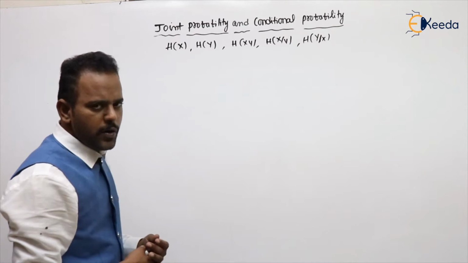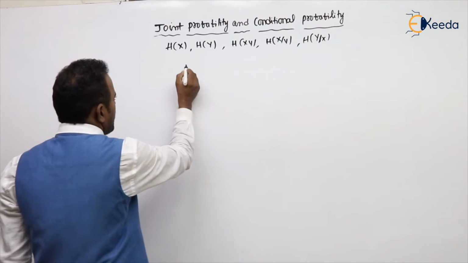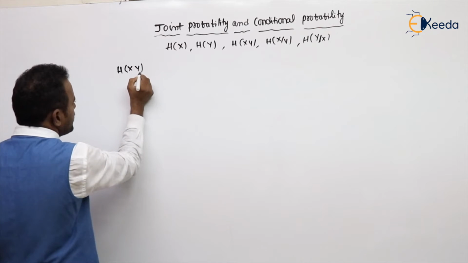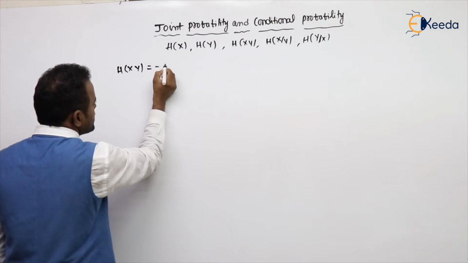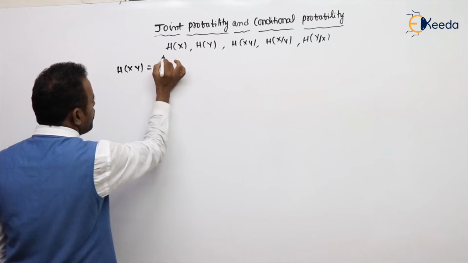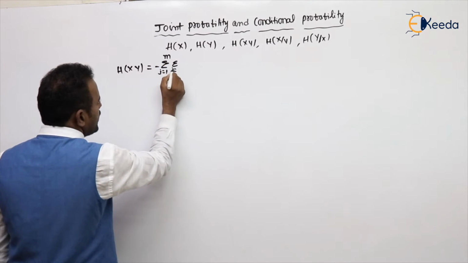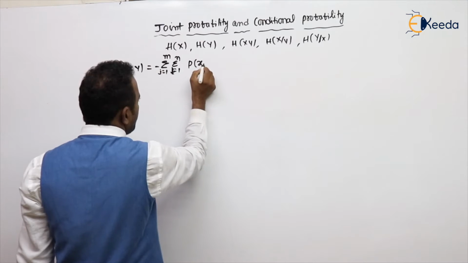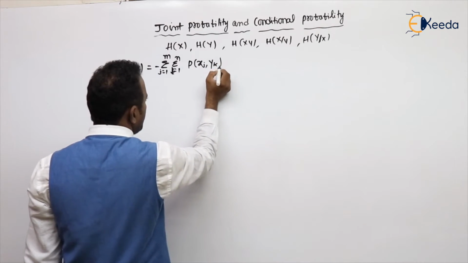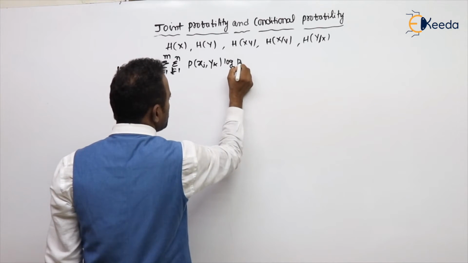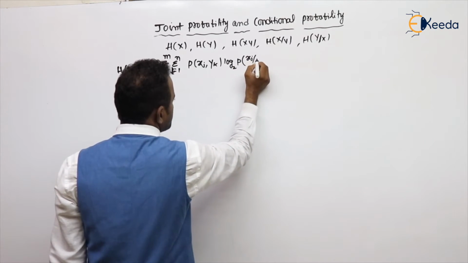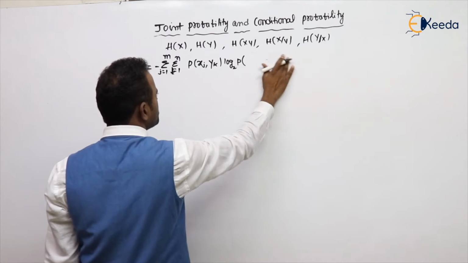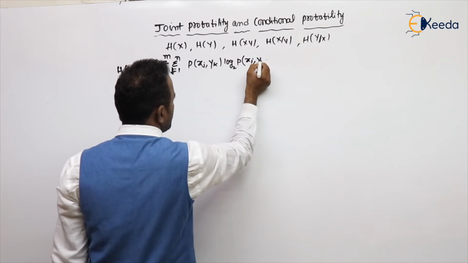Now we'll also bring out some more relations between those in the following manner. For example, H of xy, the joint probability: minus summation j equal to 1 to m, summation k equal to 1 to n, p of xj comma yk into log base 2 of p of xj comma yk.